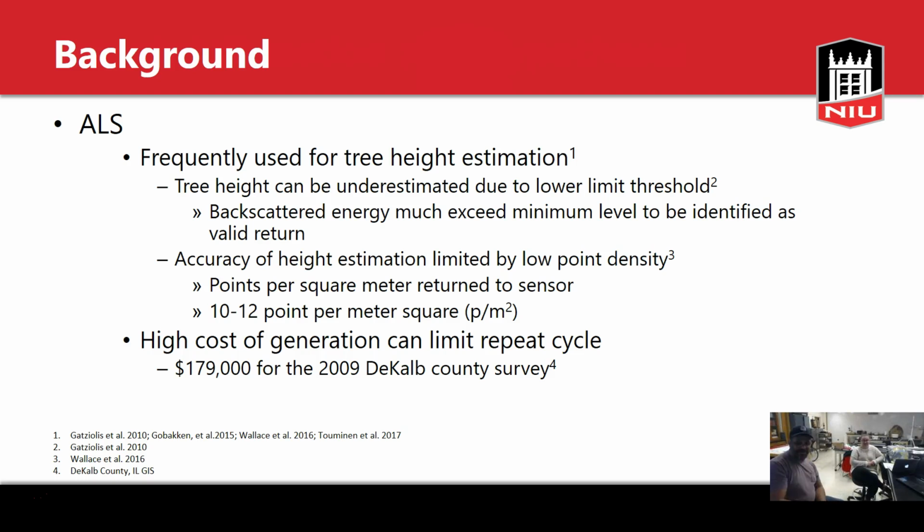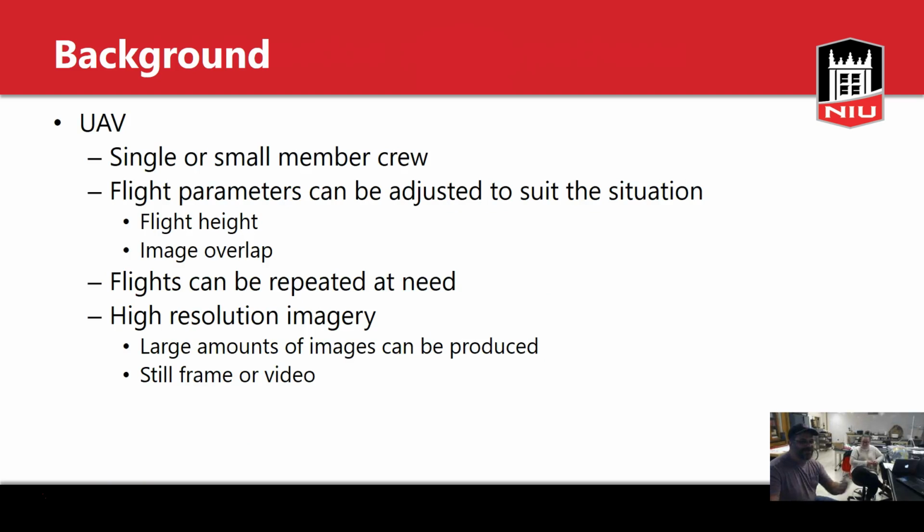The data set that I'm using for reference here, the DeKalb County survey taken in 2009, actually cost $179,000 to do. And so they do not have any plans to redo that anytime soon, and you can't really blame them. So what I'm suggesting is we use UAVs. They only take a single or a small crew to run.